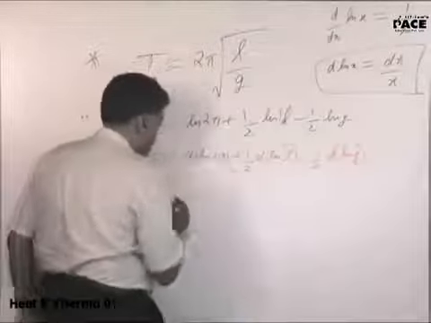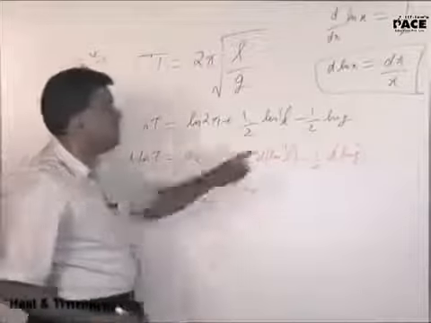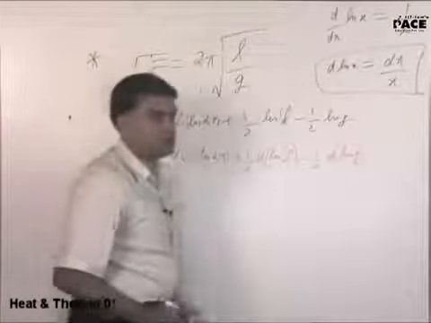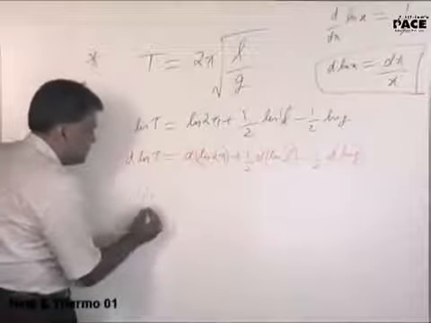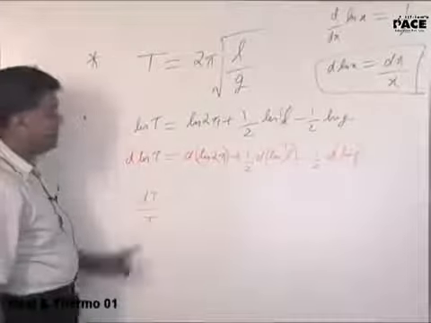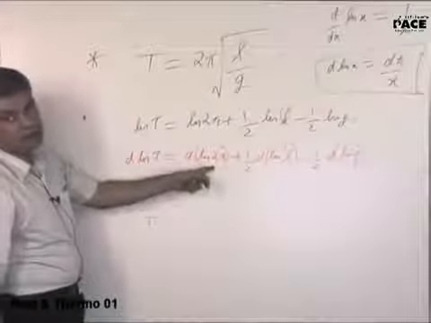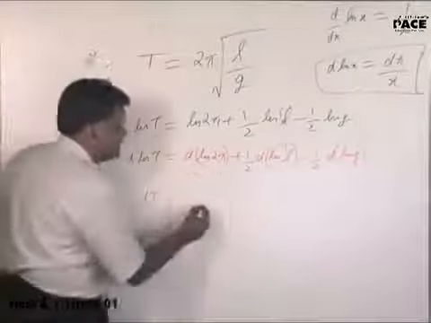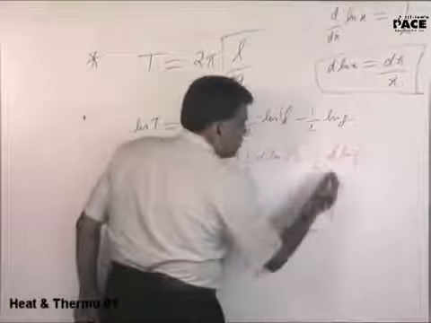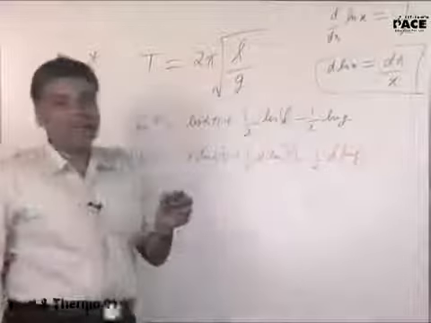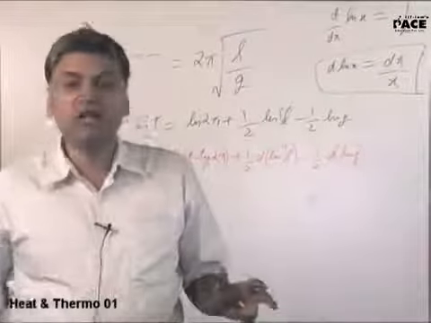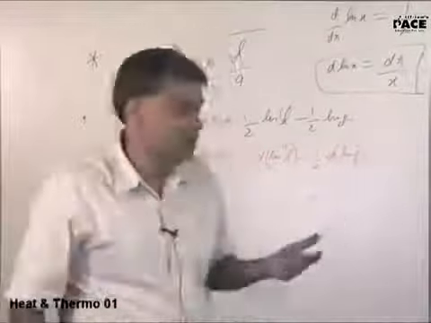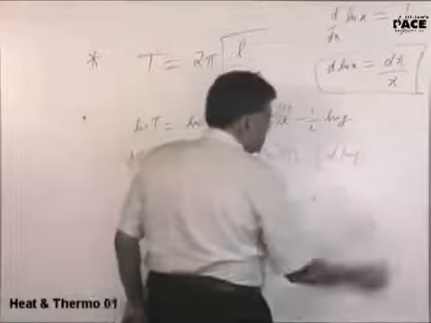Now d log x is dx by x, so this becomes dt by t. This is the differential of a constant, d 2 pi will be 0. This is the differential of gravity. Gravity at a given spot remains constant. It may differ when you go from place to place, but at a given spot it is 0.